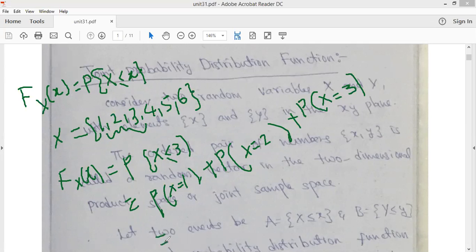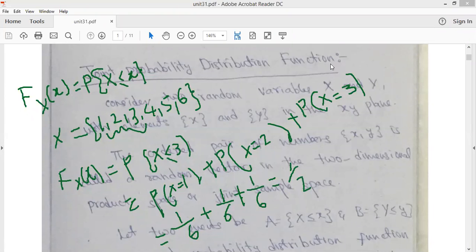Since it is an equally likely event, each outcome has probability 1 by 6: 1 by 6 for X equal to 1, 1 by 6 for X equal to 2, and 1 by 6 for X equal to 3. So this value will be equal to 1 by 2. Like this we find the distribution function in the case of a single random variable.